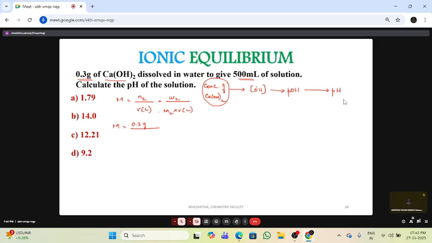And what is the molecular weight of calcium hydroxide? Atomic weight of calcium is 40, oxygen is 16 gram per mole, and hydrogen is 1 gram per mole. Please calculate the molecular mass of calcium hydroxide.